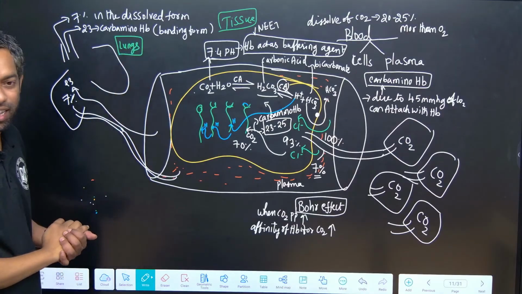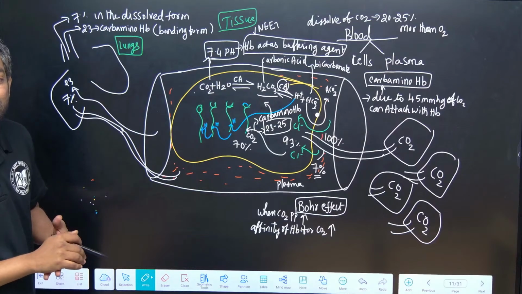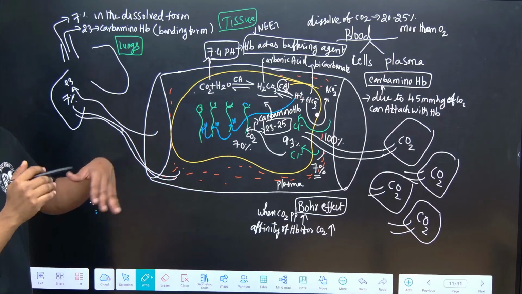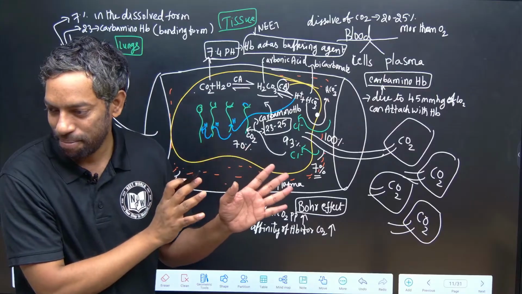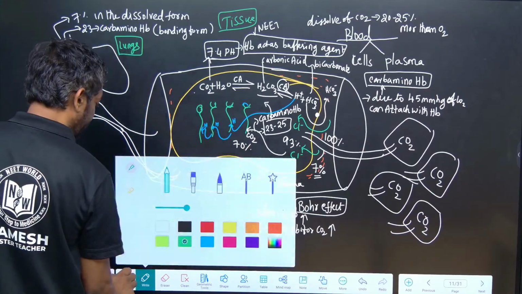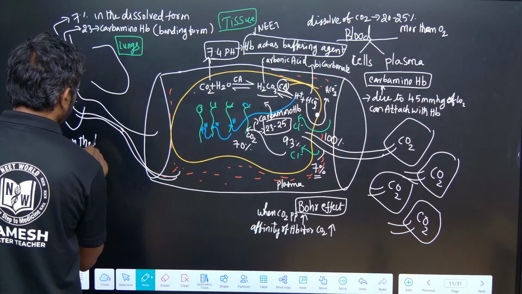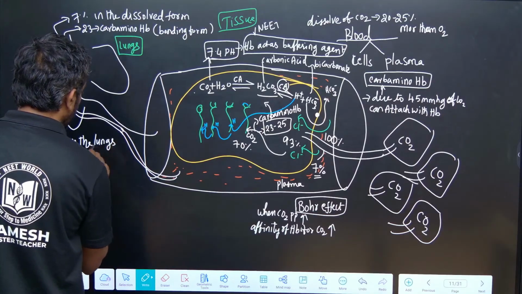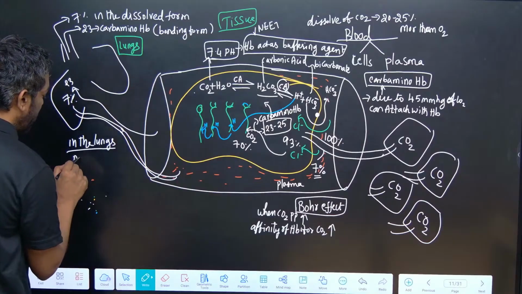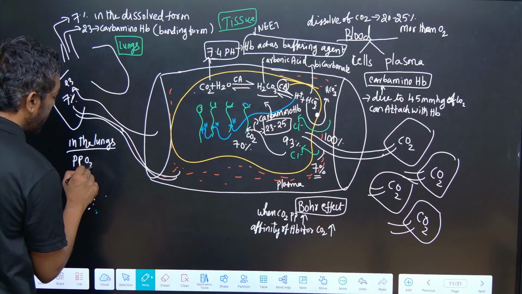if it reaches the lungs, what happened in the lungs? There is a partial pressure of oxygen that is high. Okay, in the lungs, partial pressure of oxygen is high.